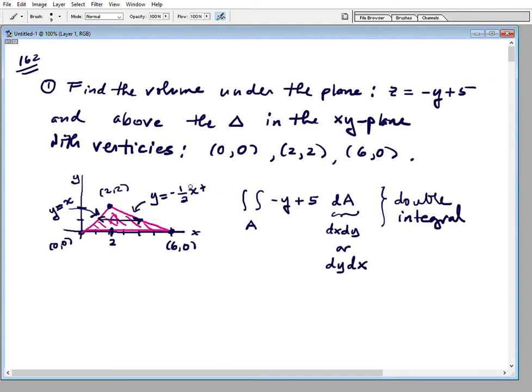Now we just have to decide on b. We can do that by just substituting in a point, let's say 6, 0. So that would be x equals 6, y equals 0. Here, I'll just do the little calculation over here.